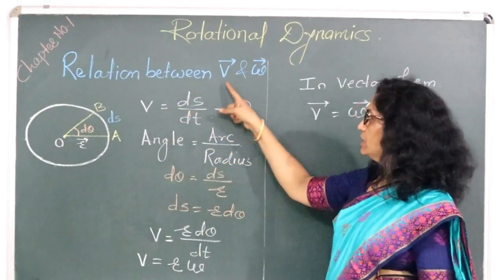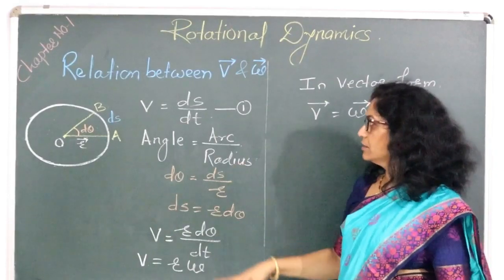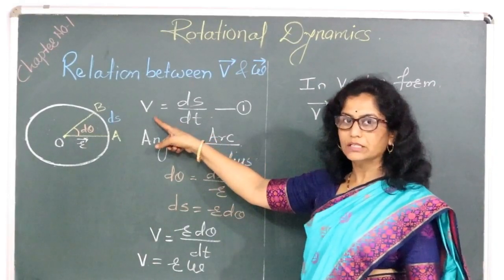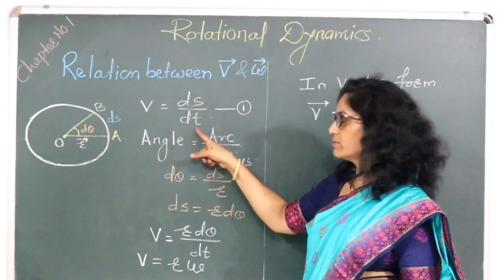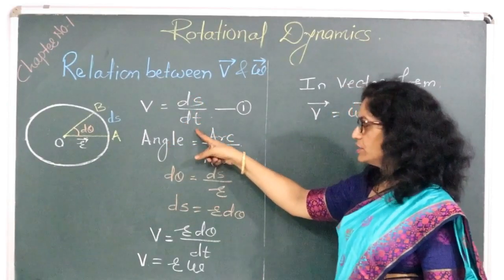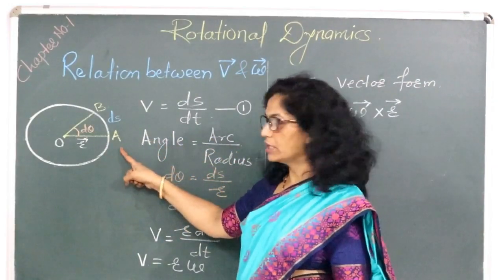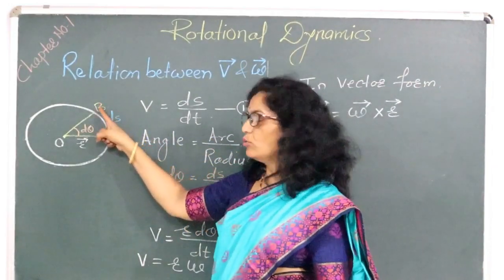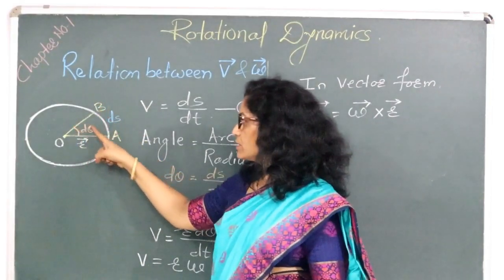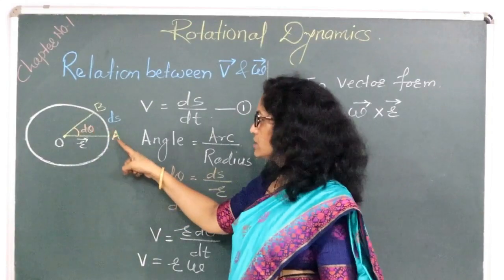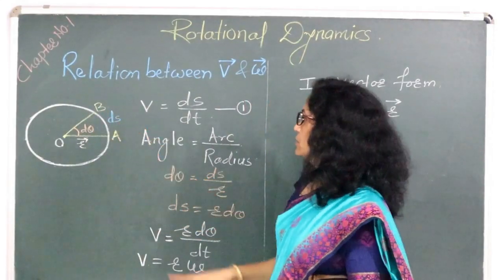Relation between linear velocity and angular velocity. Linear velocity is the rate of change of linear displacement with respect to time, that is v = ds/dt. Suppose a particle is initially at position A and it goes finally to position B. Its angular displacement is d theta and its linear displacement is ds.